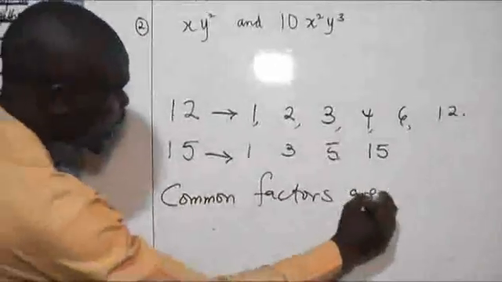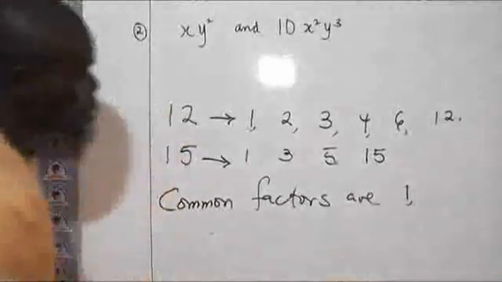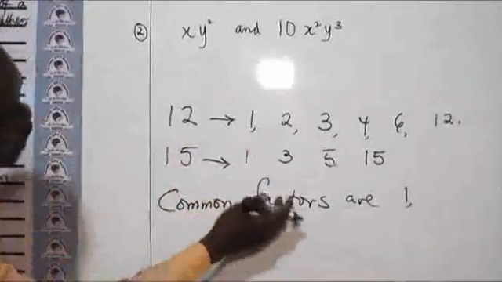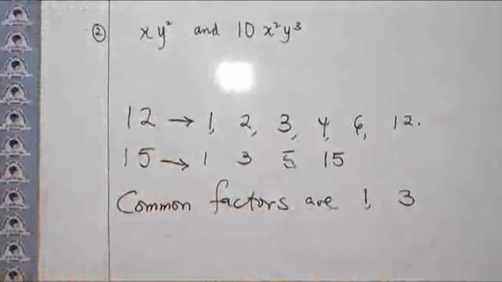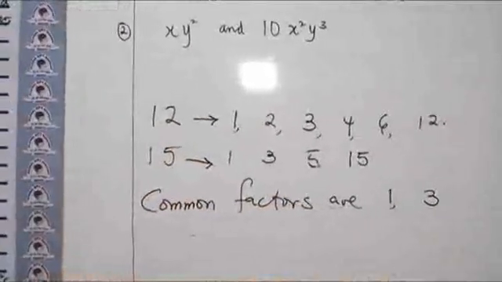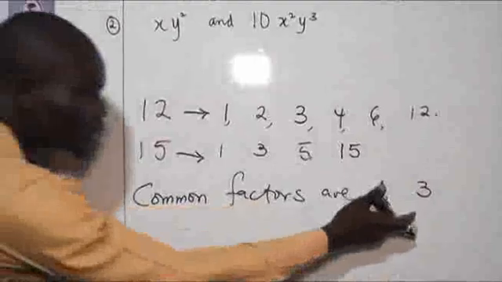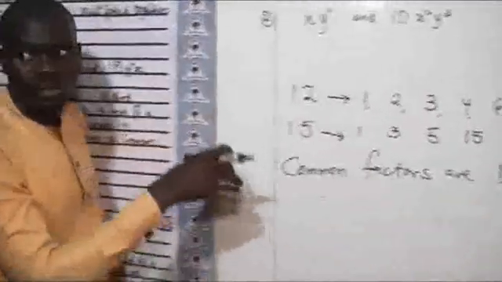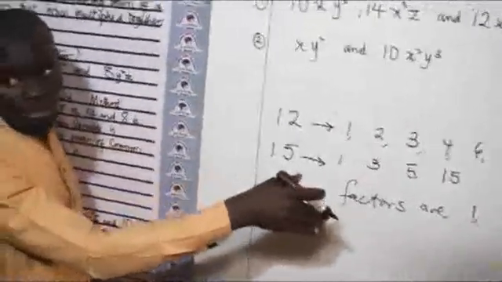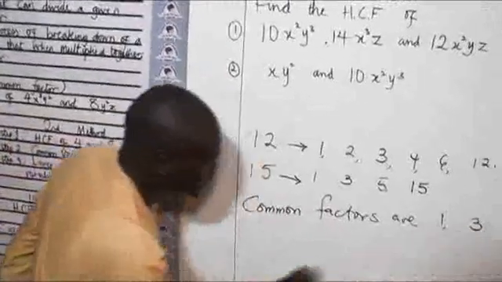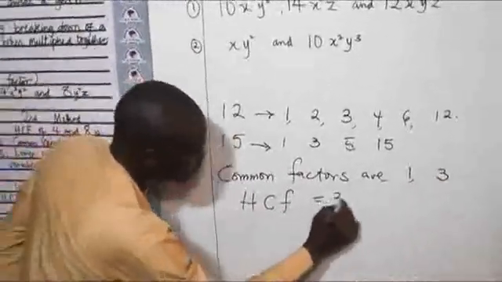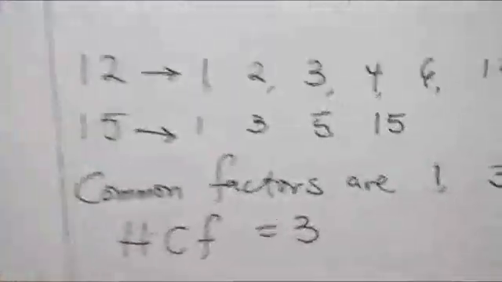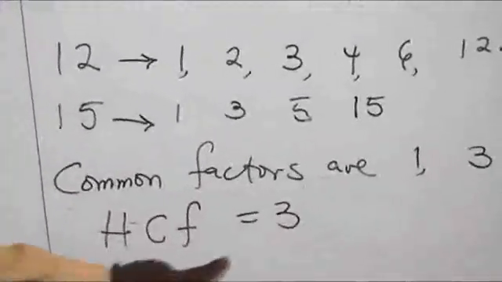We have 1, and there's 3 here and 3 here. There is no other number that is common. Among these common factors, the highest is 3. It means your HCF is equal to 3. That is for the highest common factor.